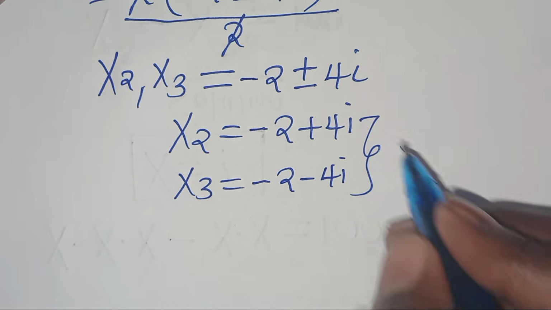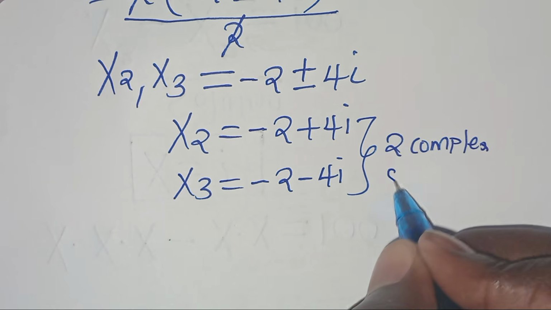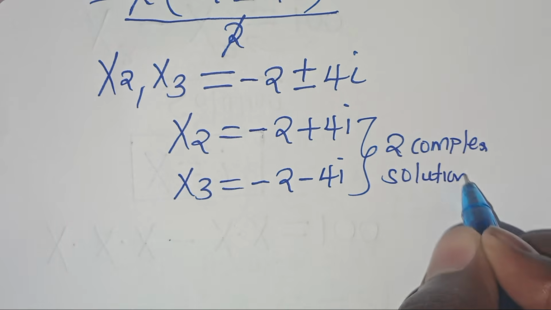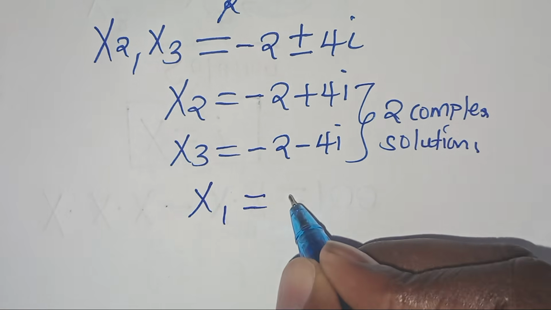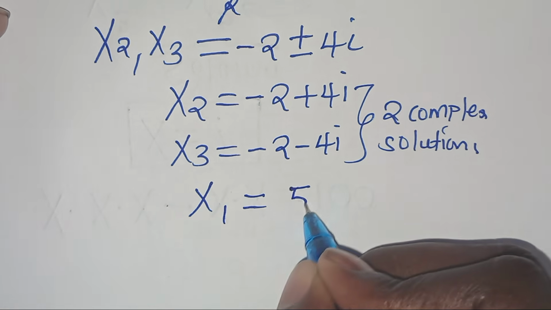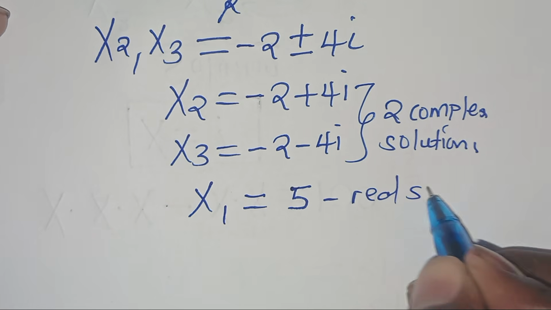Now these are two complex solutions for this algebra problem. We only have one real solution here, which is equal to 5.